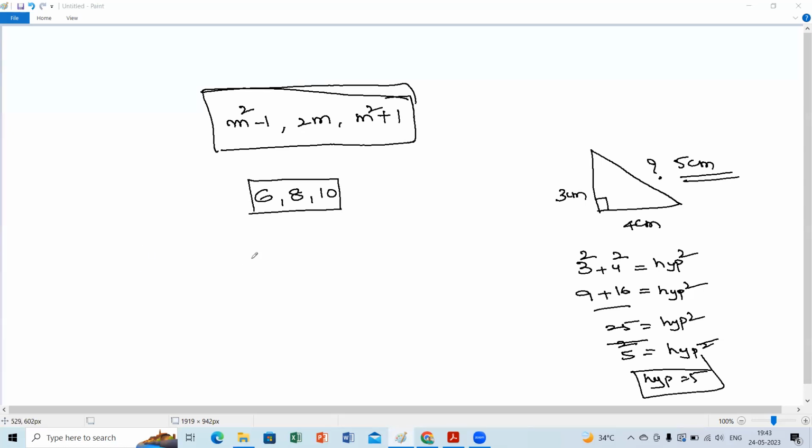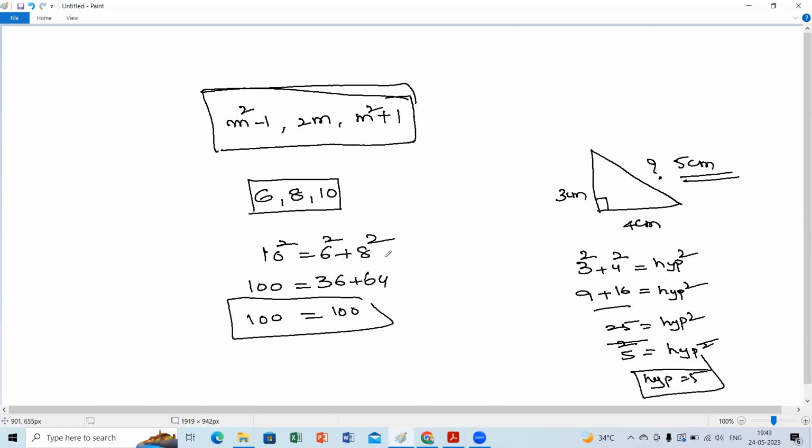Pranav, good. So 10 square is equal to 6 square plus 8 square. Come on, please check whether it is true or not. Yes, ma'am. 36 plus 64 together makes 100. These are Pythagorean triplets. Like that, we are going to find a few more triplets here, children.